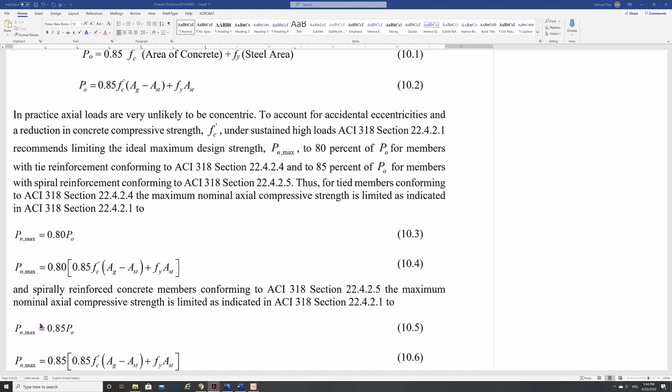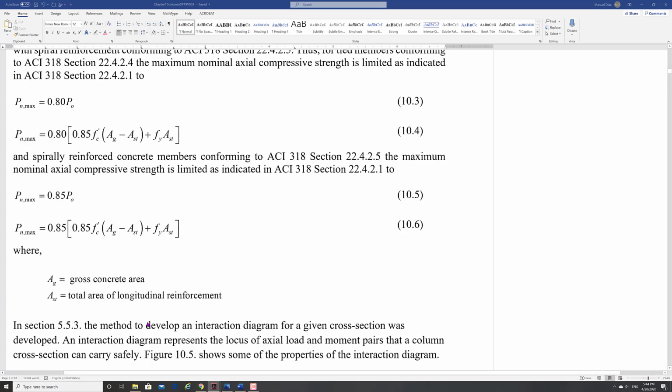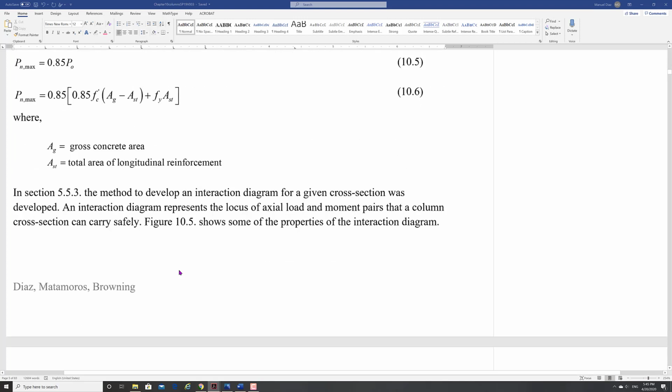We have defined already all these terms. Don't forget that Ast refers to the total area of the steel section, not the tension side. It's total area.